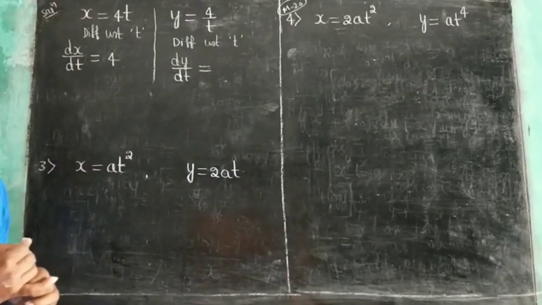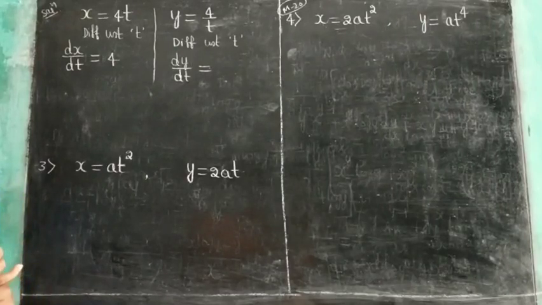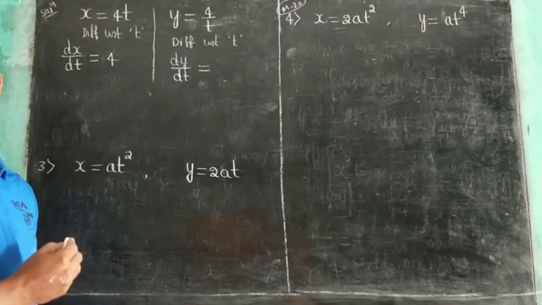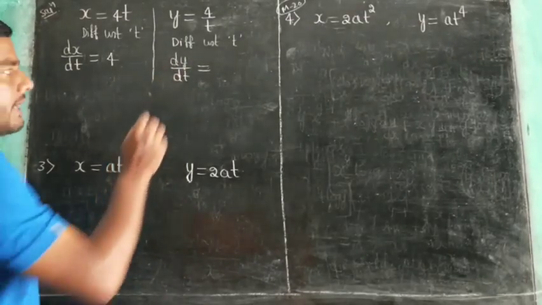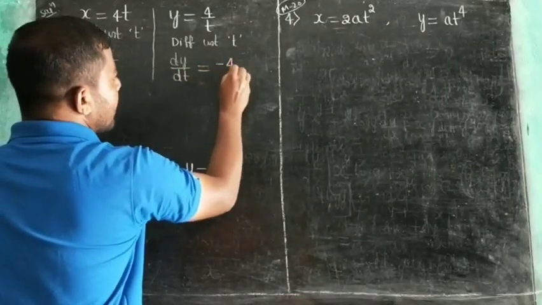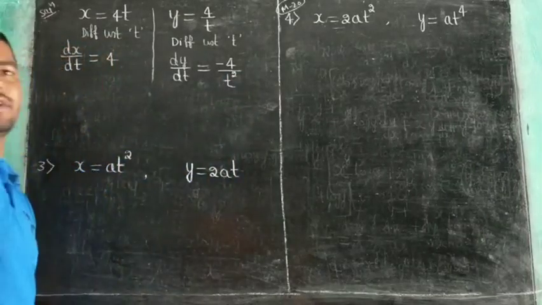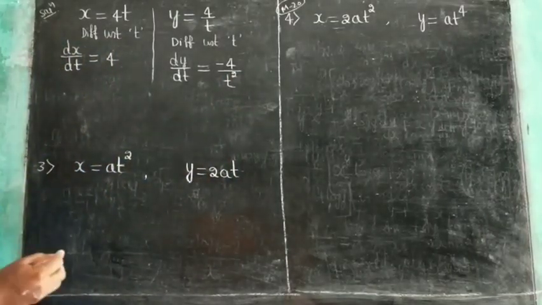The derivative of 1 by x with respect to x is minus 1 by x square. So the derivative of 1 by t is minus 1 by t square. Minus 1 by t square into 4 is nothing but minus 4 divided by t square.